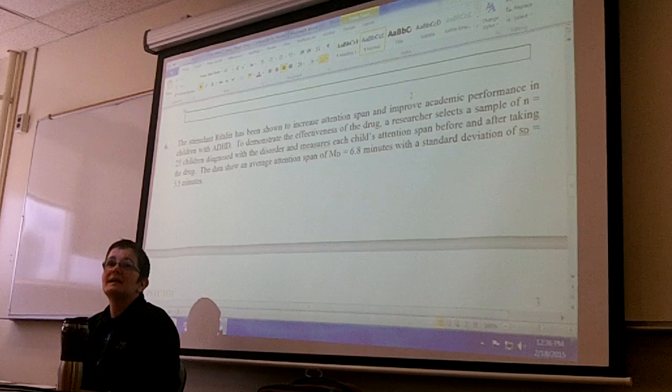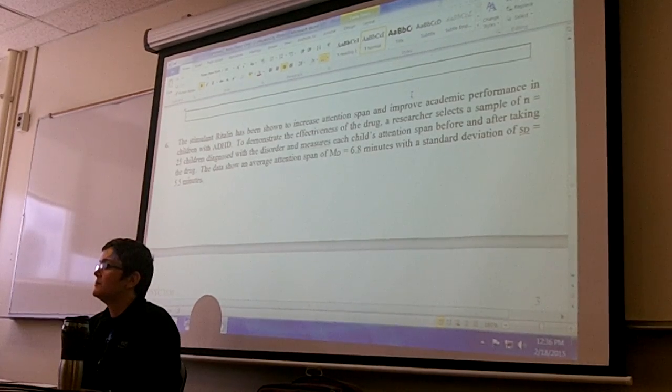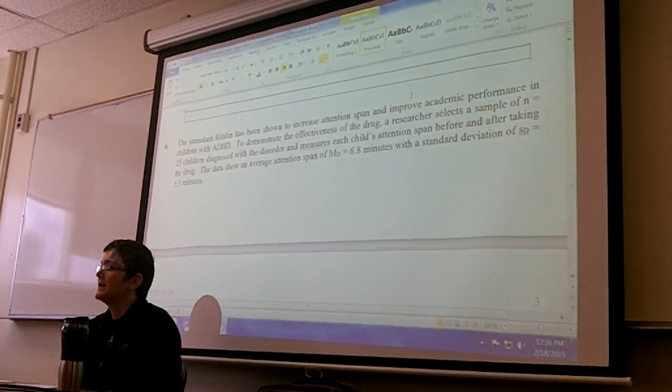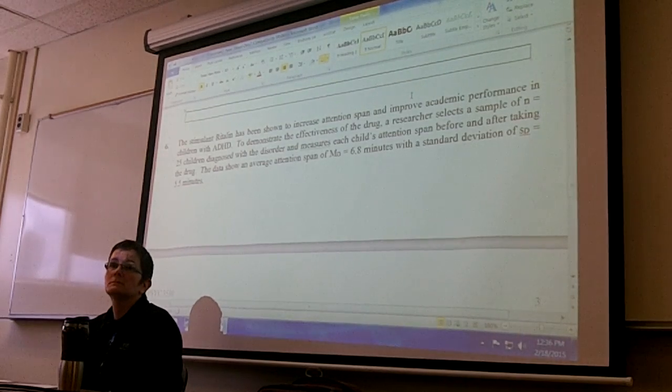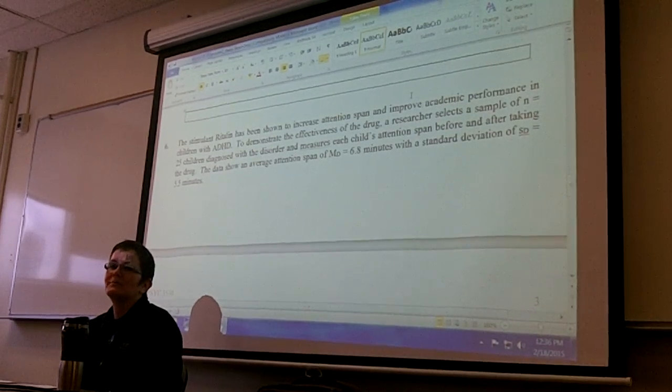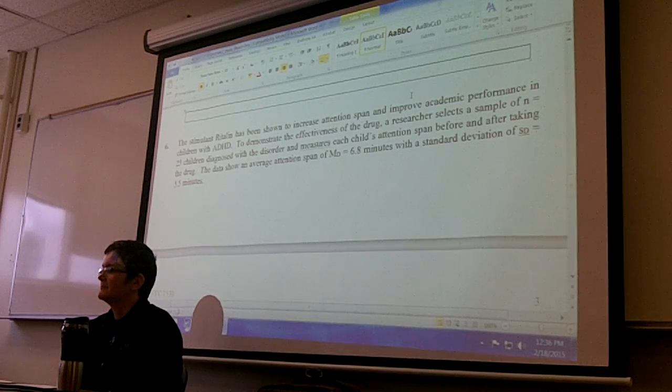So children with ADHD will show significant improvement in academic performance and in attention span after taking Ritalin than they did before. That works great. See, I knew other people had it in them. I believe in you.